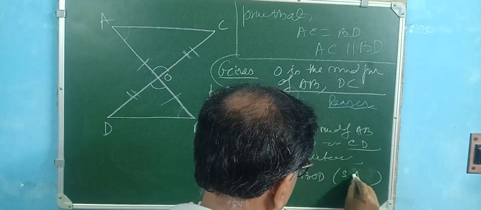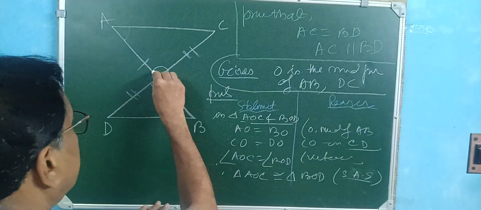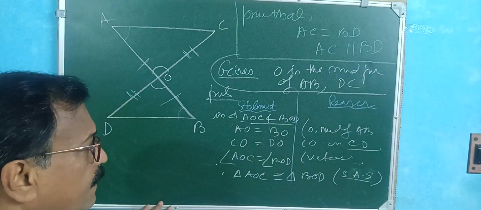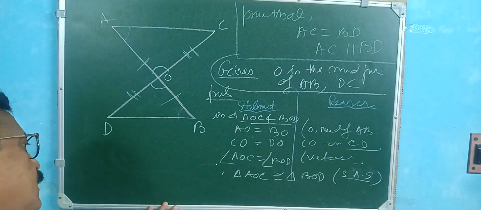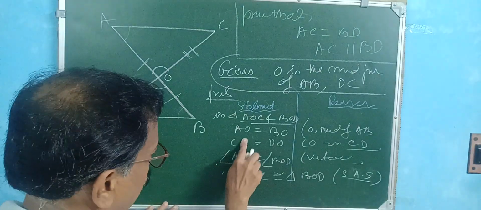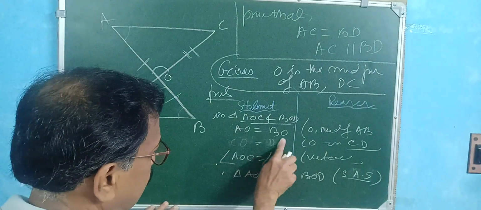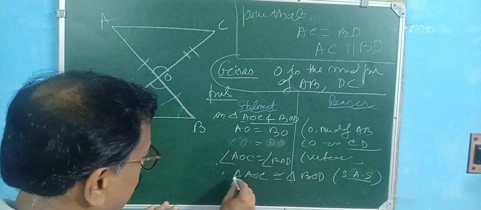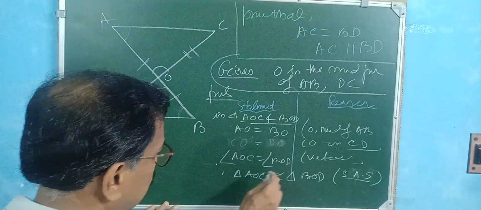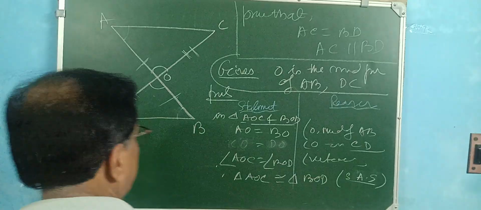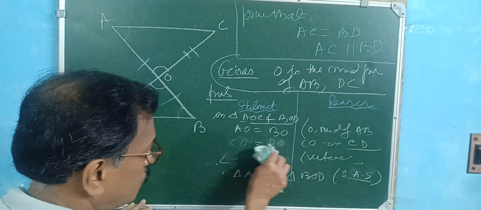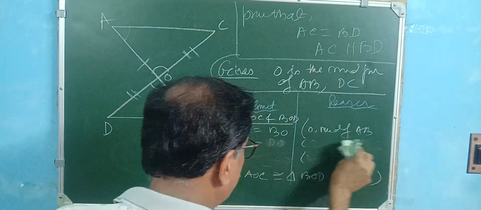Side angle side because this angle is between the two sides. এটাকে নিচে লেখা যেতে পারে, অর্ডারটাকে এরকম করে দিতে পারি. নো প্রবলেম এট অল. এটাকে একটু যদি সেই অর্ডারে লিখি তোমাদের বুঝতে সুবিধা হবে for your better understanding.